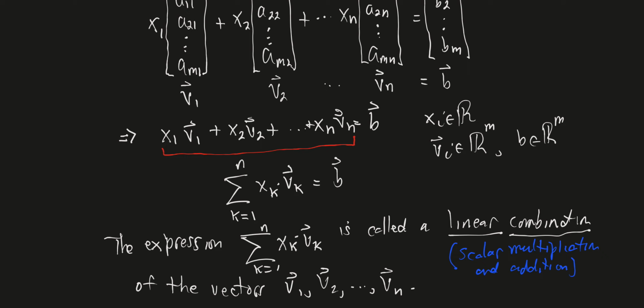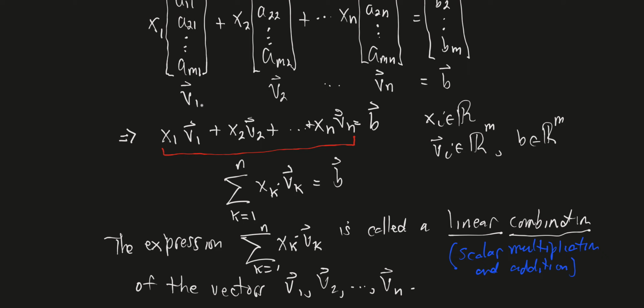And not only that, but remember, this came from a linear system. One of our fundamental questions about a linear system is, when does it have a solution? When does it have a unique solution?